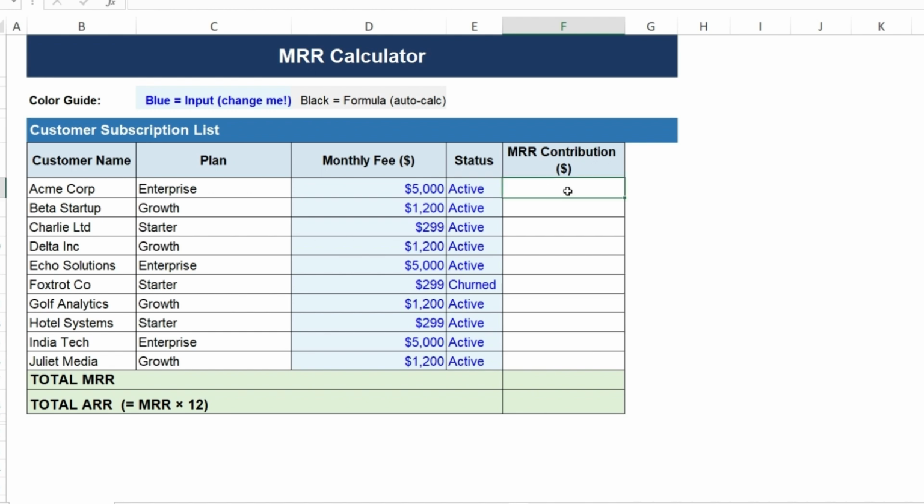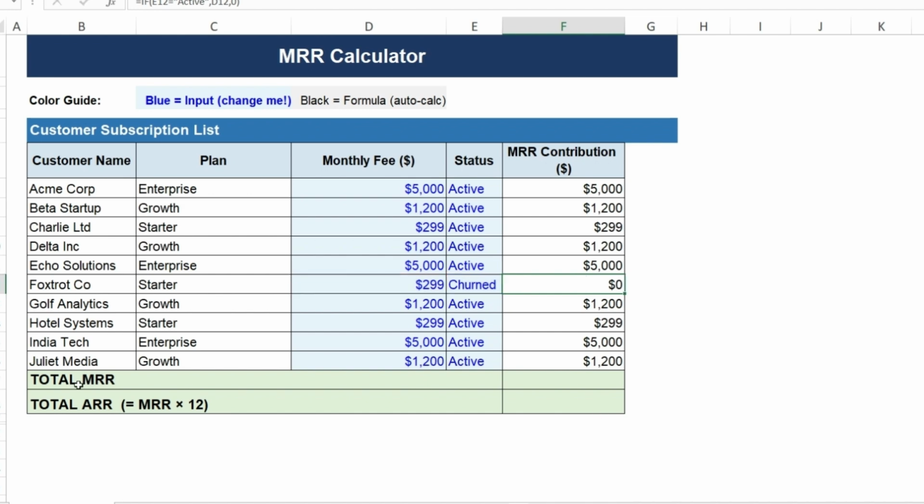For that, we will simply use an Excel formula: if this is equal to active, then put this value, otherwise put blank or zero. So we just drag this formula down. See, since here it was churned, it is not taking 299 as the price. It is taking 0 because of this IF logic condition.